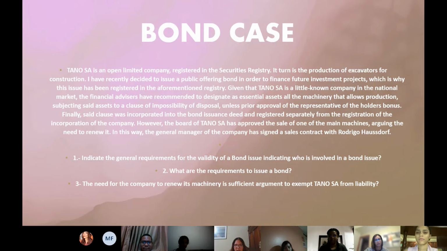However, the board of Tano SA has approved the sale of one of the main machines, arguing the need to renew it.